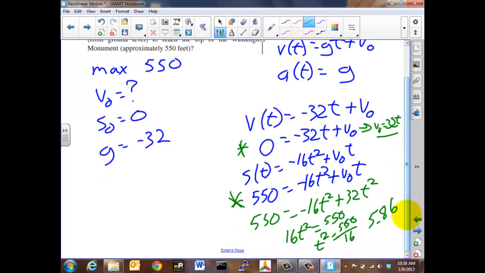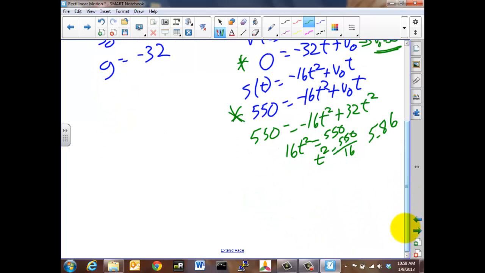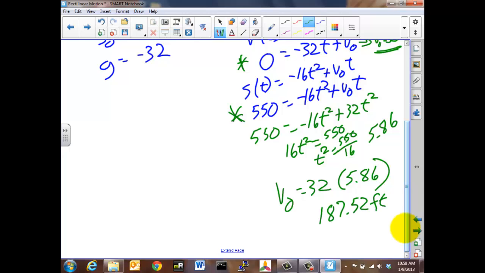Well, we've got v sub 0 equals 32 times t, don't we? So the initial velocity is 32 times 5.86, which is 187.52 feet per second. Now, I am bad about leaving the units off.